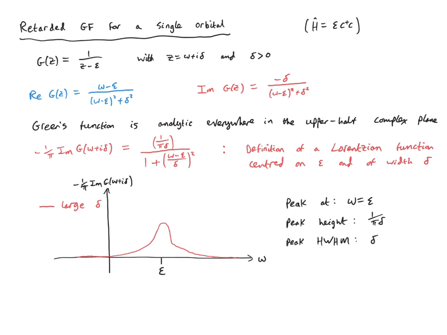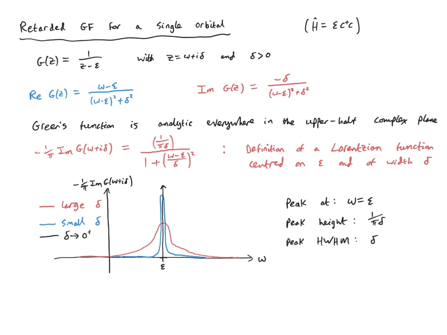In fact, it is easy to show from this explicit form that the peak is located exactly at omega equals epsilon, the peak height is 1 over pi delta, and the half width at half maximum of the peak is exactly delta. Therefore, as we go to a smaller delta, we see that the peak gets higher and it gets narrower, but it's still centered on omega equals epsilon.